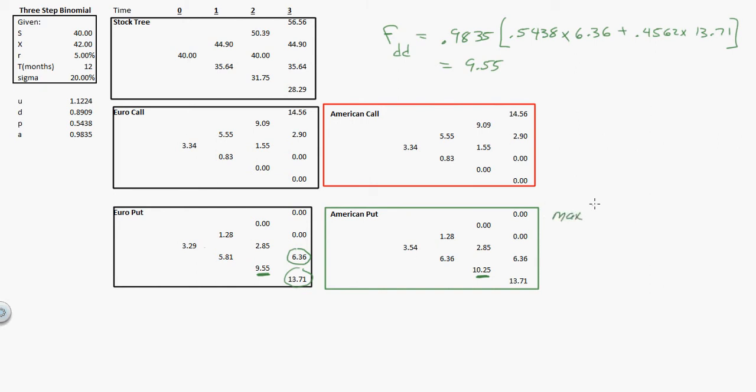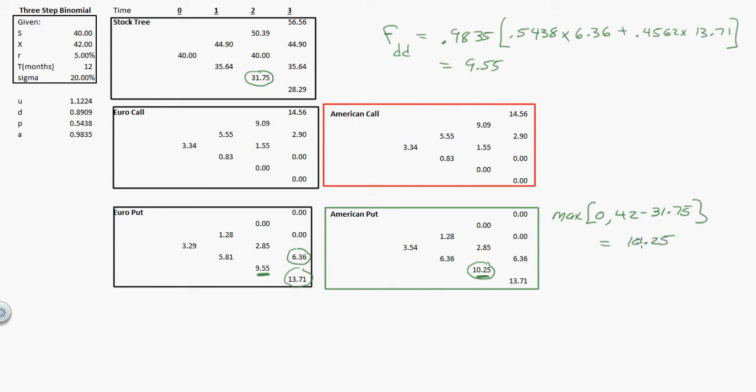It's the max of 0 and the strike minus the stock price, so if the stock goes down and down, it's 31.75, and the payoff is the strike minus the stock. If in 8 months the stock drops to 31.75, you could exercise and get $10.25.